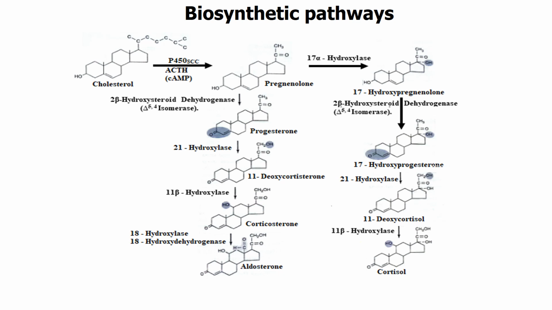Now, this is the pathway. Starting from cholesterol, you can actually have two pathways from pregnenolone, one leading to aldosterone and the other leading to cortisol.